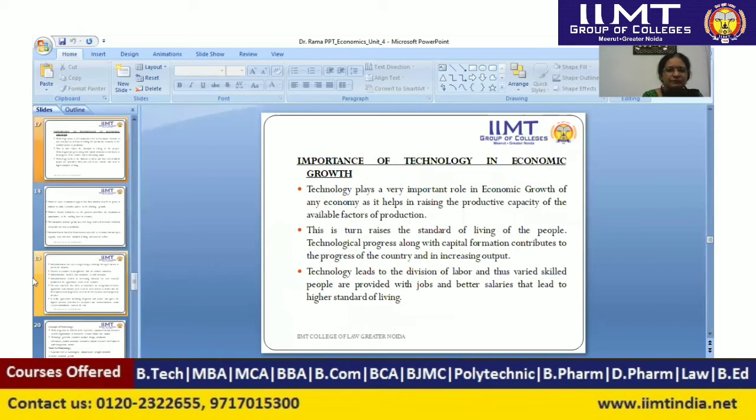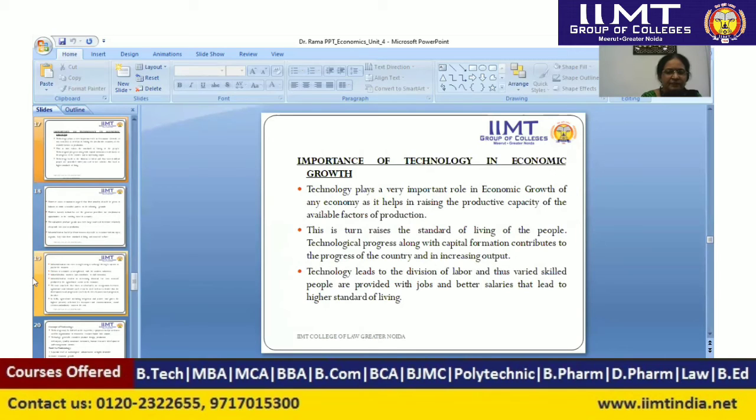Now, the importance of technology in economic growth. Technology plays a very important role in the economic growth of an economy as it helps in raising the productive capacity of the available factors of production. This in turn raises the standard of living of the people.